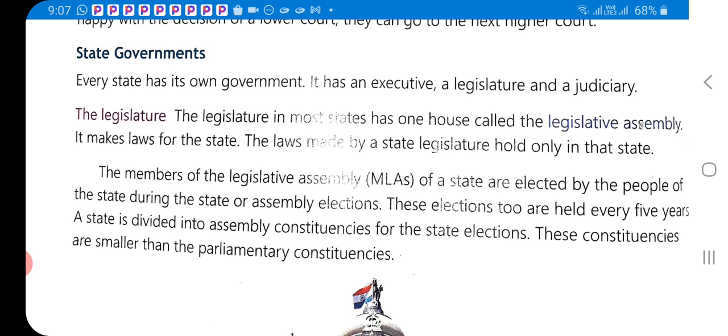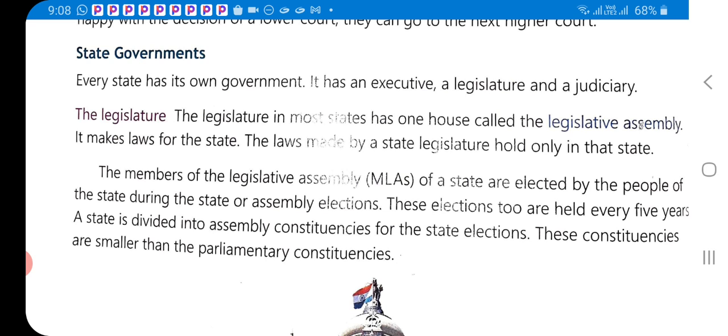The legislature, as I told you earlier, to legislate means to make laws. So the legislature in most states has one house called the Legislative Assembly. We have 28 states. Most of the states have one house in the state, which is known as Legislative Assembly or Vidhan Sabha.